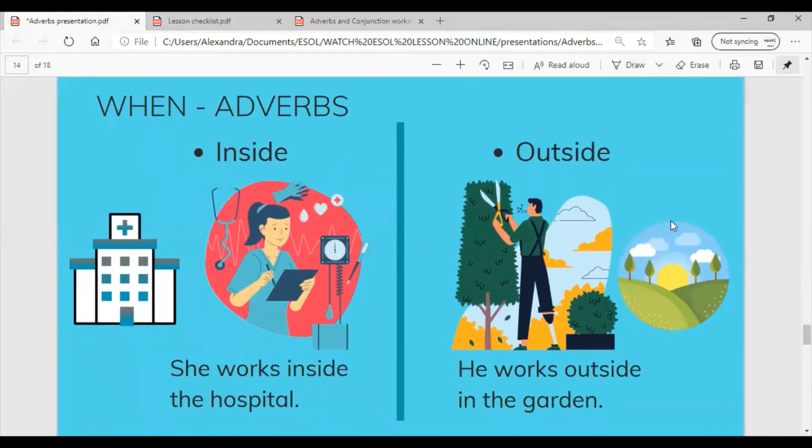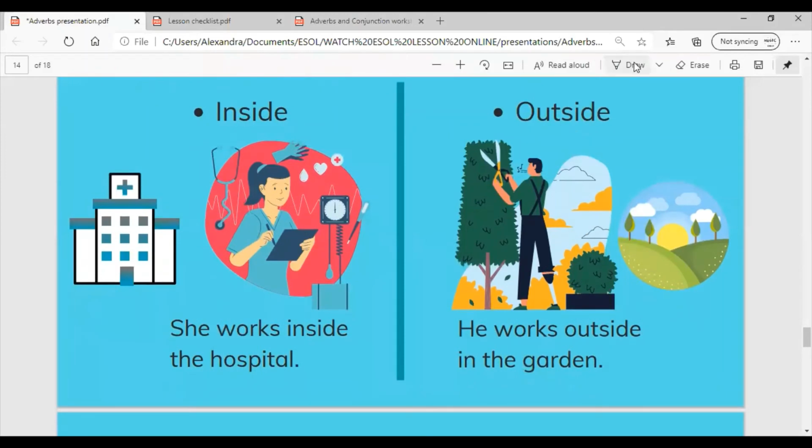So now adverbs can also tell us where the action takes place. They can tell us maybe if it's inside somewhere or outside. So if we look here, we've got a nurse working in a hospital. She works inside the hospital.